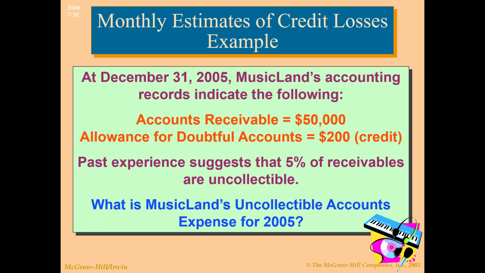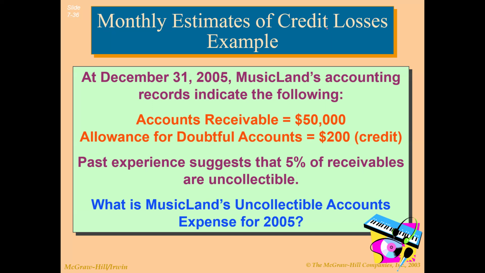Sometimes you were asked to record these credit losses in another way, like this. At December 31st, 2005, Musical Land's accounting records indicate the following: accounts receivable 50,000, allowance for doubtful accounts 200. So past experience suggests that 5% of receivables are uncollectible.